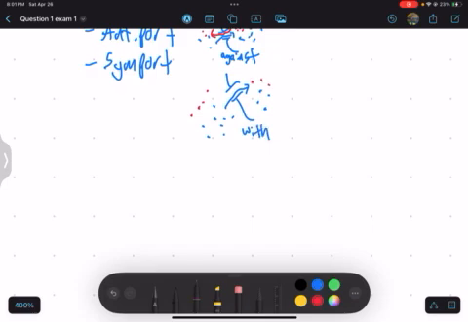And the other is going to go against its gradient. Again, they're both moving in the same direction.